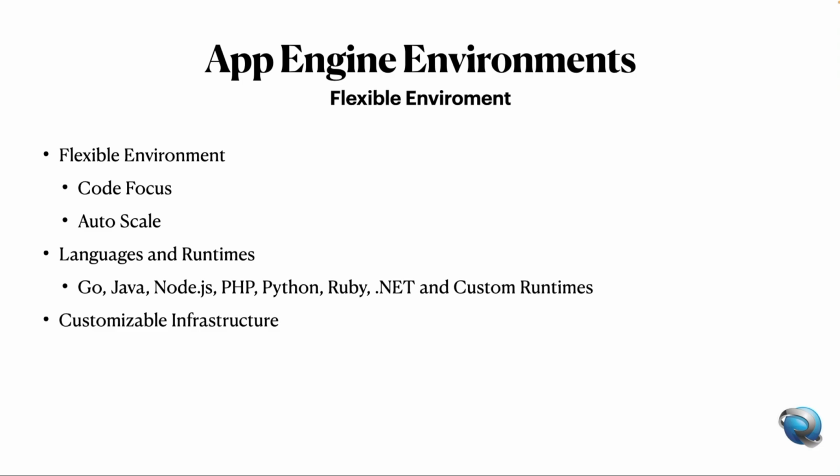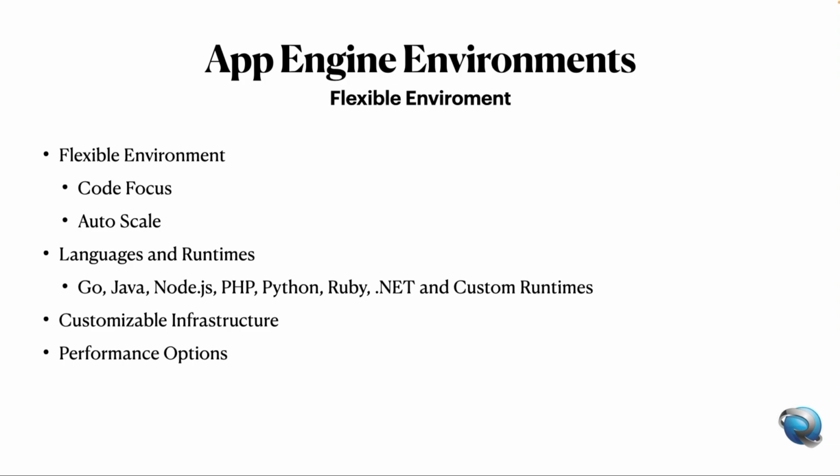Customizable infrastructure: App Engine flexible environment instances are Compute Engine virtual machines, which means that you can take advantage of custom libraries, use SSH for debugging, and deploy your own Docker containers.